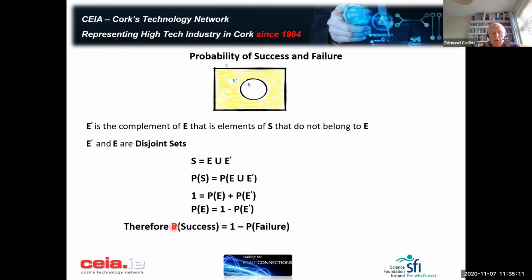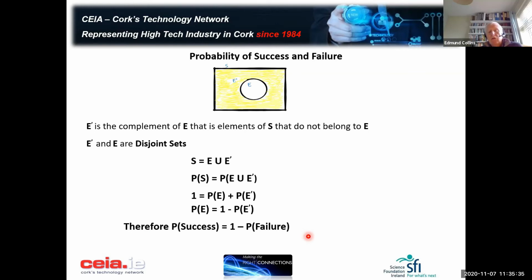Therefore, just writing it out in this way, the probability of success equals 1 minus the probability of failure. Now, this can be very useful in problem solving because sometimes it's easier to calculate the probability of failure than it is of success.